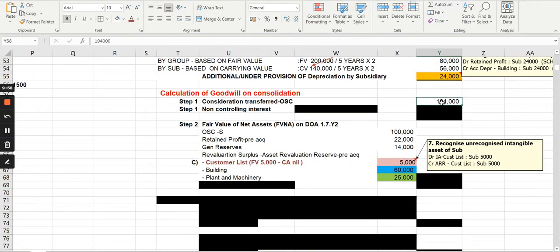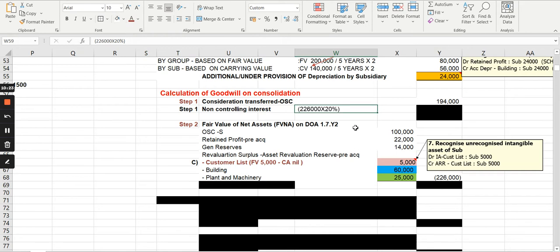So therefore 194. Step 1, right? Step 2 we have done, and when you do step 2, you get the total. The total is 226, the fair value of net asset. The non-controlling interest here is measured based on the proportion of net asset. So step 3 is to calculate the non-controlling interest.